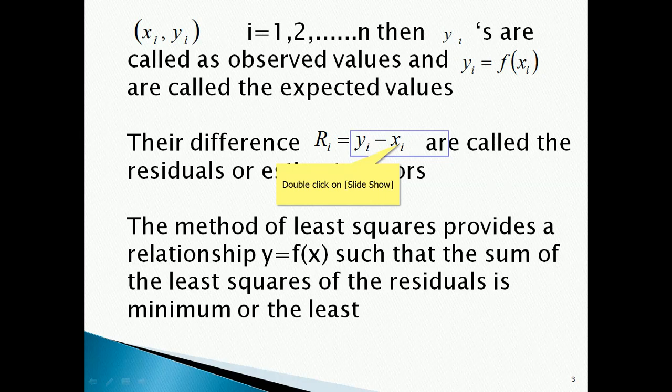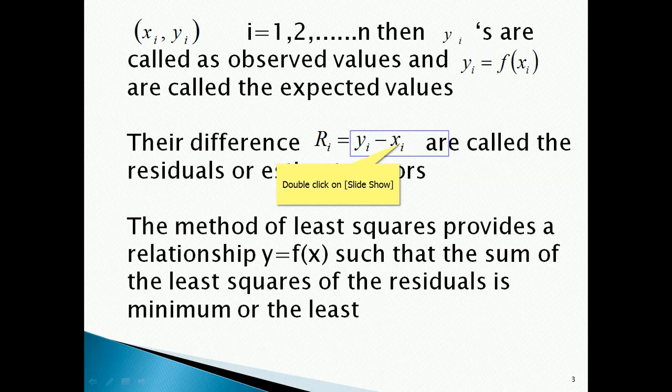The given values of y are known as the observed values, and y = f(xi) are called the expected values. By using the same values of x, if I find the values of y using y = f(xi), those values of y are known as the expected values.